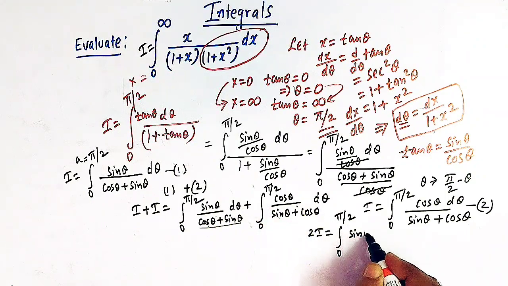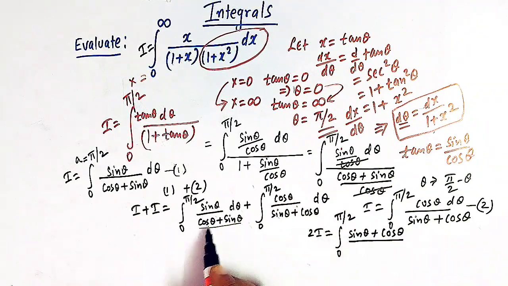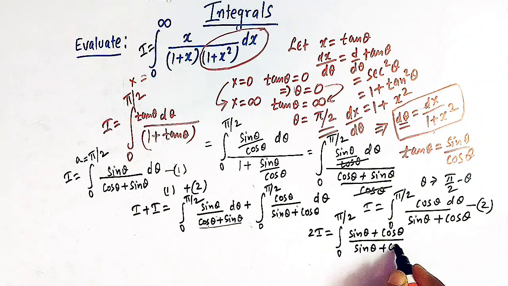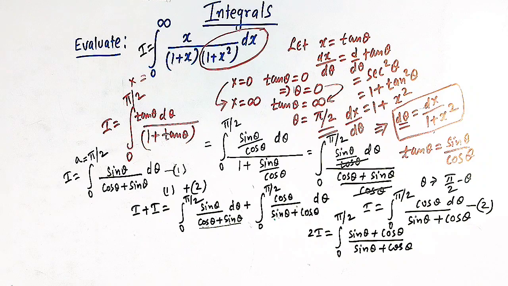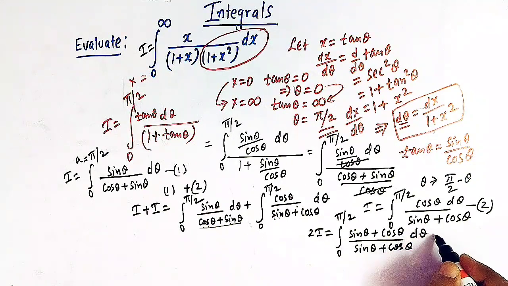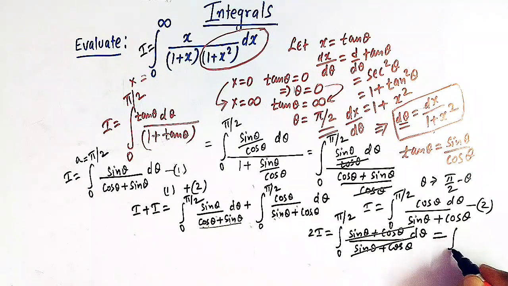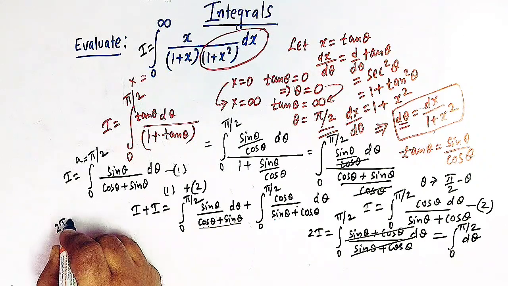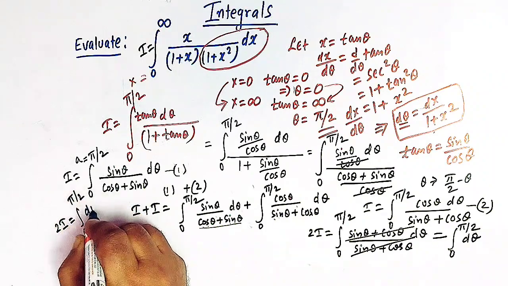So we have sine theta plus cos theta, and in the denominator we have simply sine theta plus cos theta, right? So here we have d theta. Now these two terms get cancelled, so we have 0 to pi by 2, and here we have d theta, right? So now we have 2I is equal to the integral from 0 to pi by 2 of d theta.